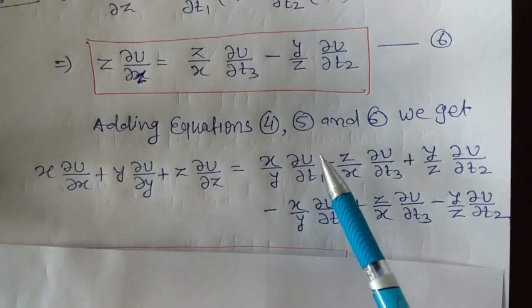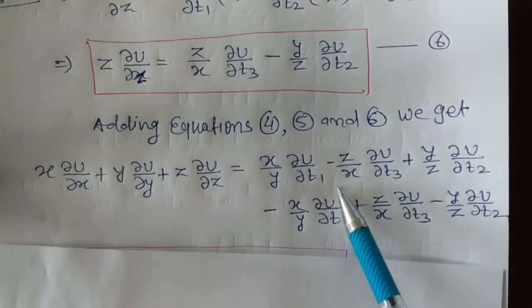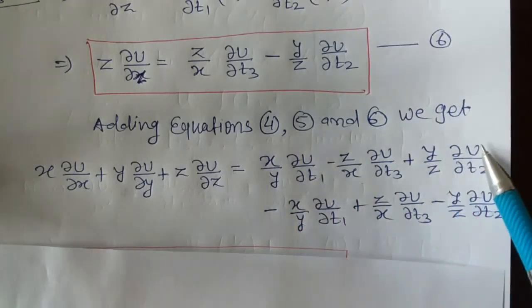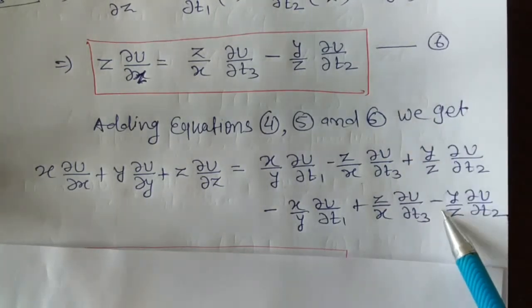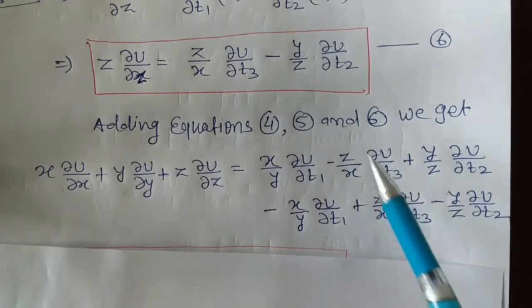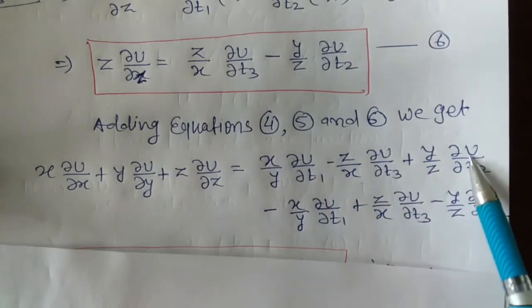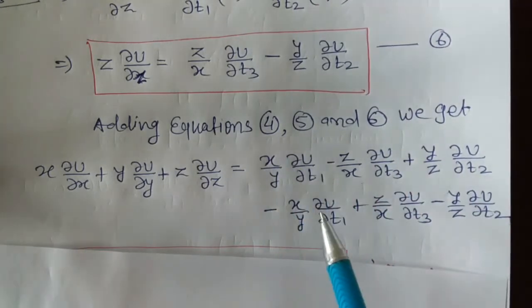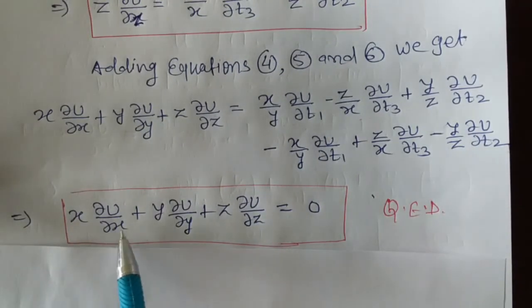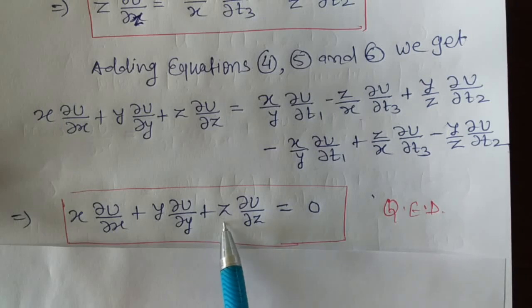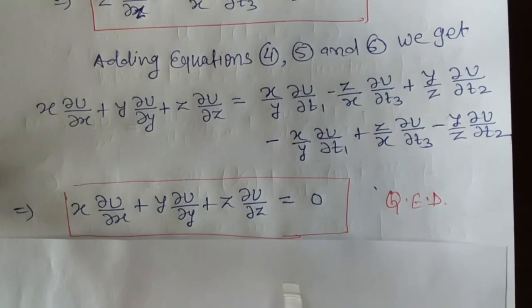So here x by y del u by del t1 positive and negative cancel, y by z del u by del t2 positive and negative cancel, and z by x del u by del t3 positive negative cancel. So all terms in the right hand side cancel and we get 0. So finally our result is x del u by del x plus y del u by del y plus z del u by del z equal to 0.